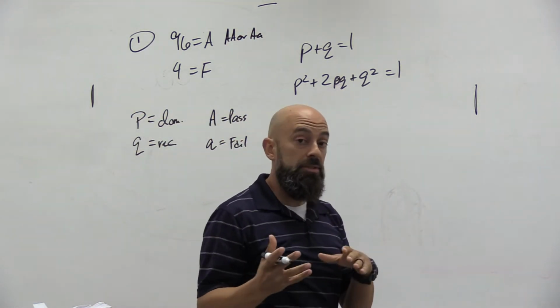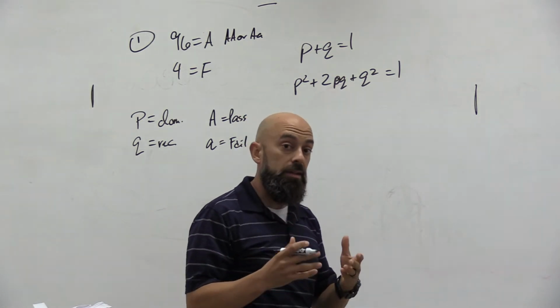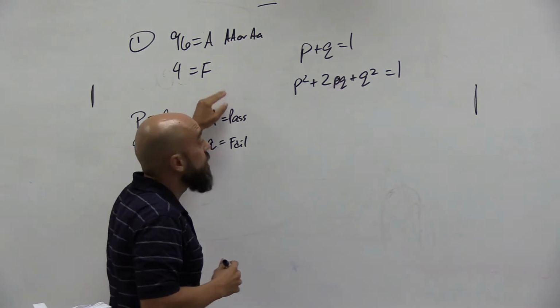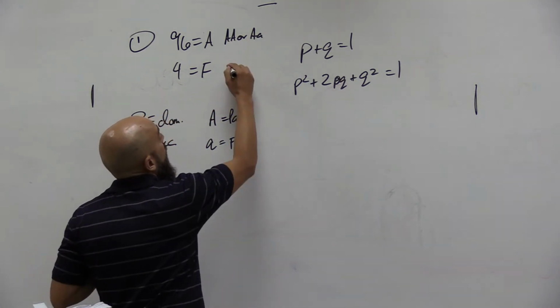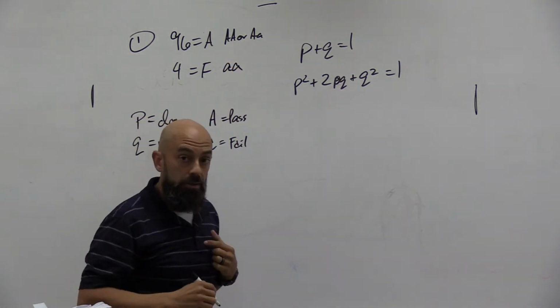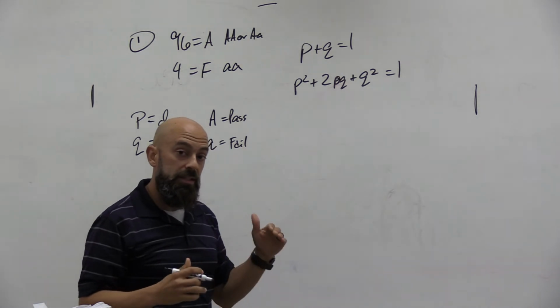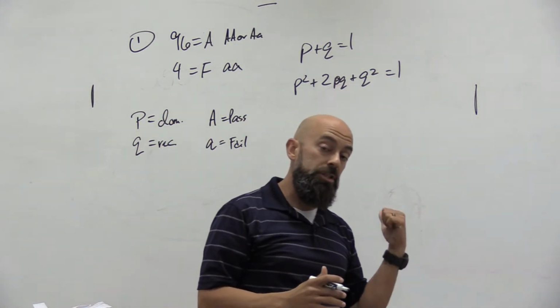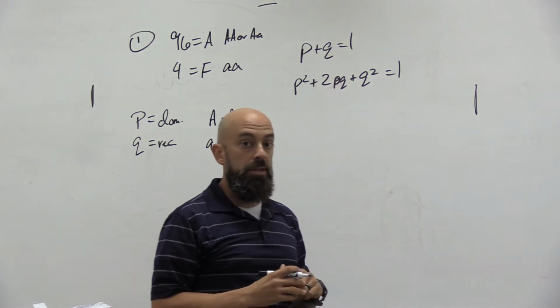Either genotype gives you a passing, dominant phenotype. The ones who failed can only be one genotype: little a, little a. The only way you can get the recessive phenotype is if there's an absence of dominant alleles.